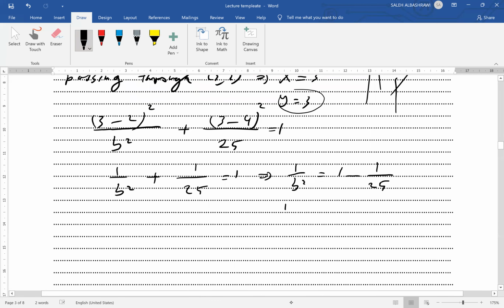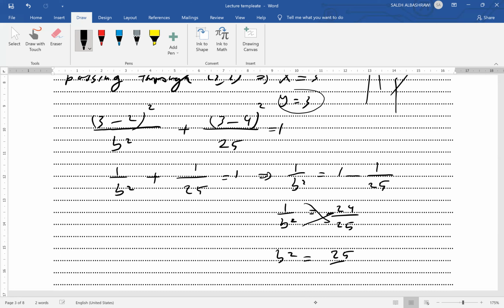So 1 over b squared is equal to 24 over 25. Just write it upside down, or cross multiplication will give me b squared equal to 25 over 24. So I have b squared.